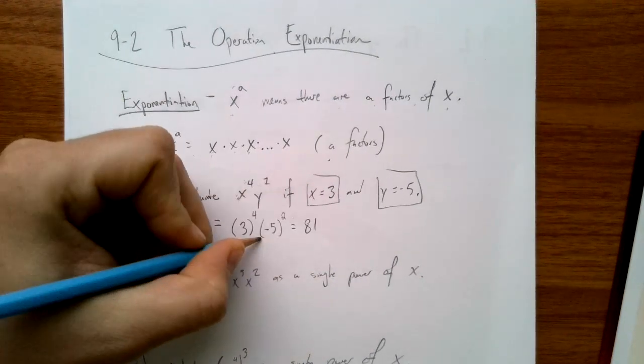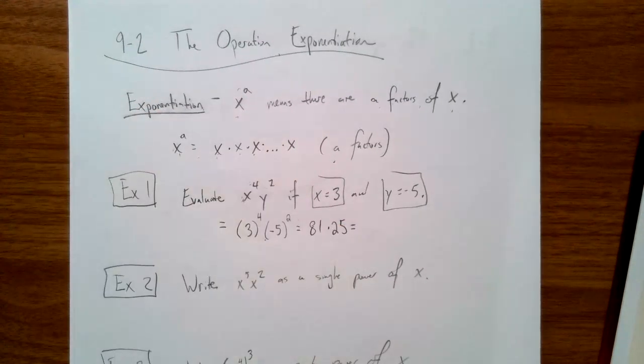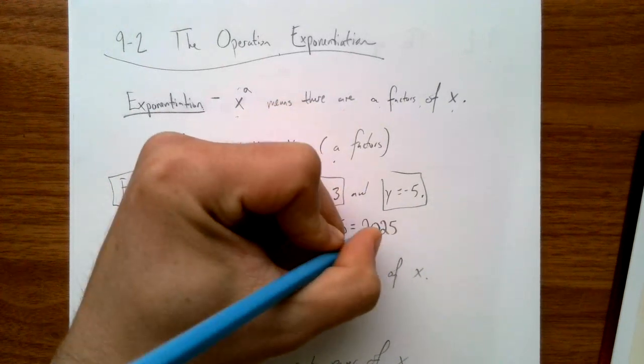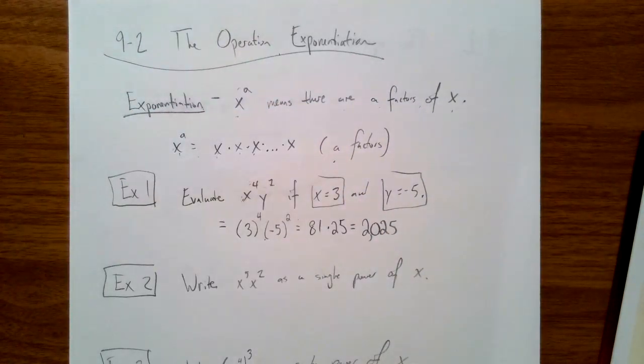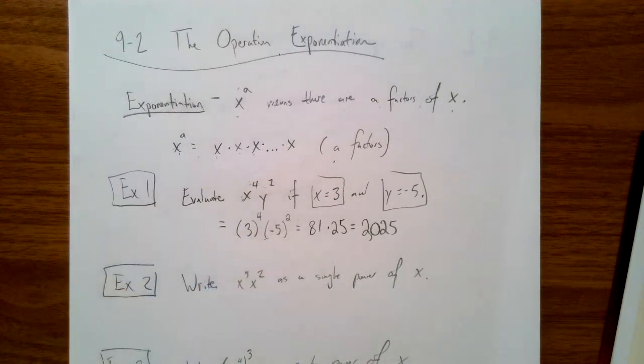Negative 5 quantity squared is equal to 25. And when you multiply all that together, you get 2,025. All right, once again, the parentheses are important here. Make sure you're using them. You don't always need them, but it's never going to make your answer wrong. And if you don't have them when you need them, your answer is not going to be correct.